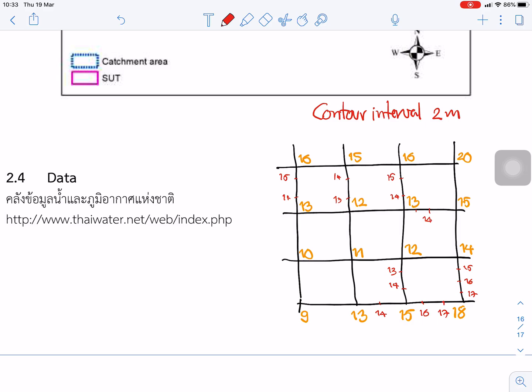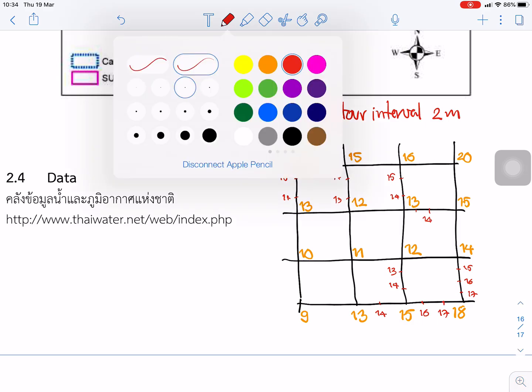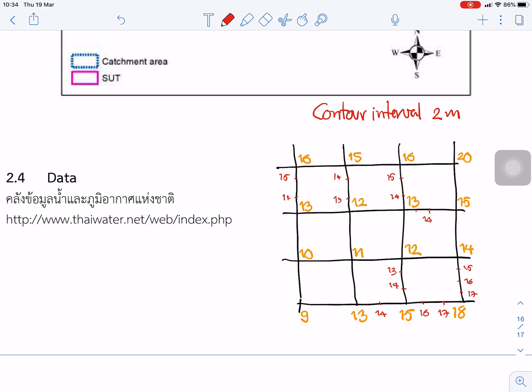For example, you can connect the 14 to 14, to 14, to 14.